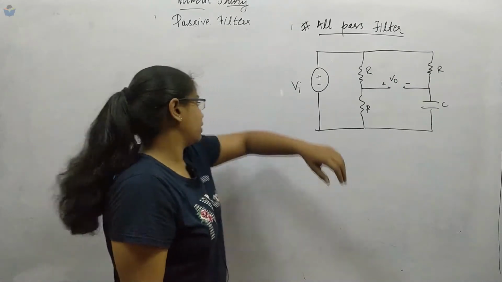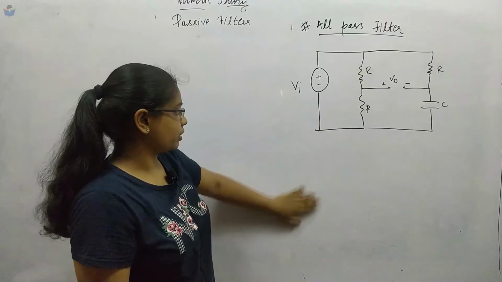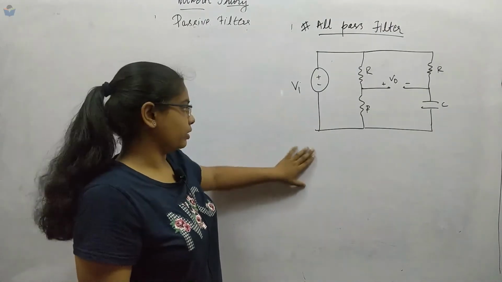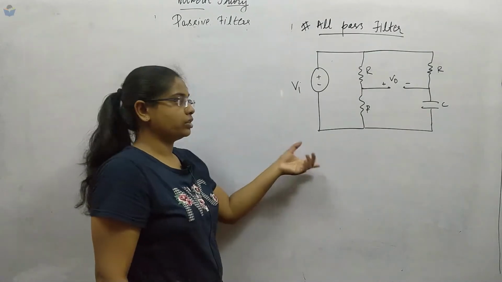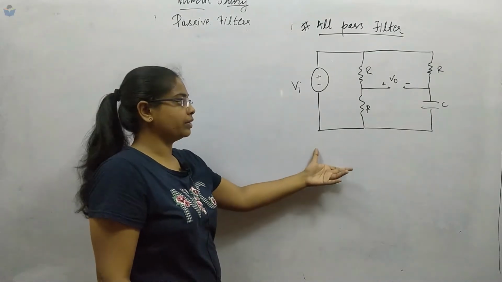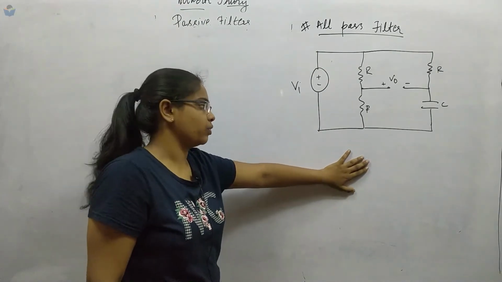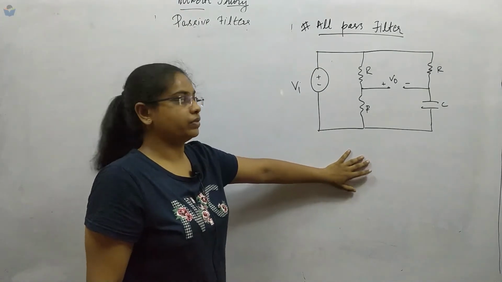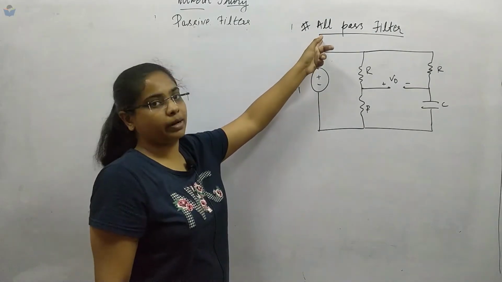Okay, so coming to this section, we have the all pass filter. You can take any type of circuit, but this is one of the complex circuits that I have taken to make you understand easily. So now instead of going into our old method, we will derive this by transfer function, taking the Laplace transform, so that we can prove that when the resistor is independent of frequency, then we get an all pass filter.